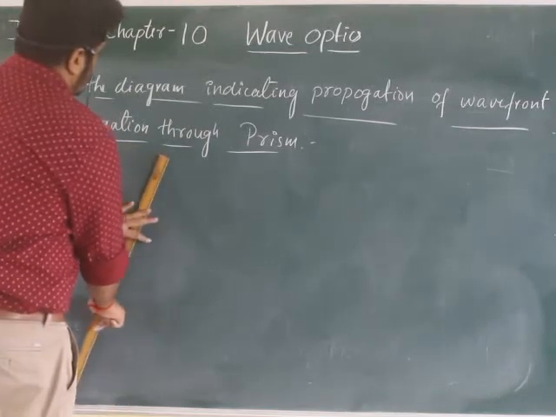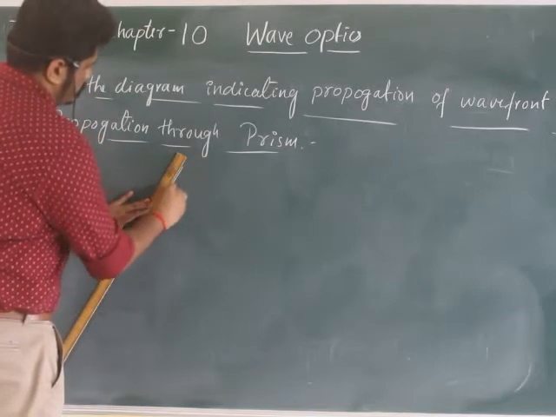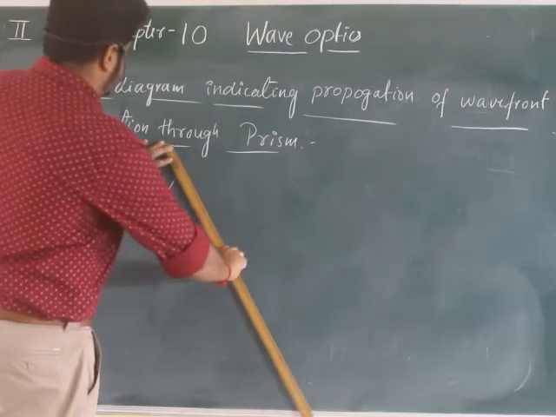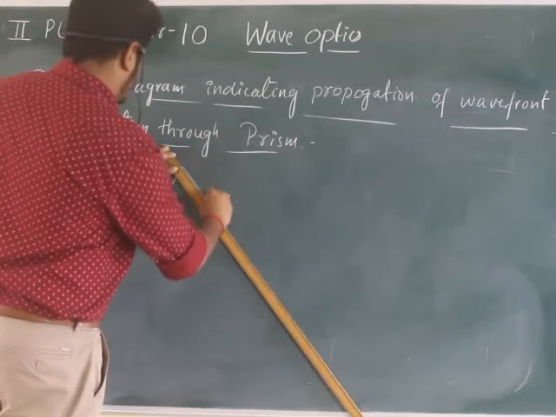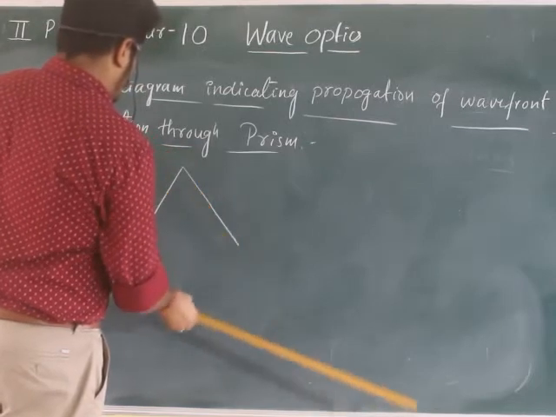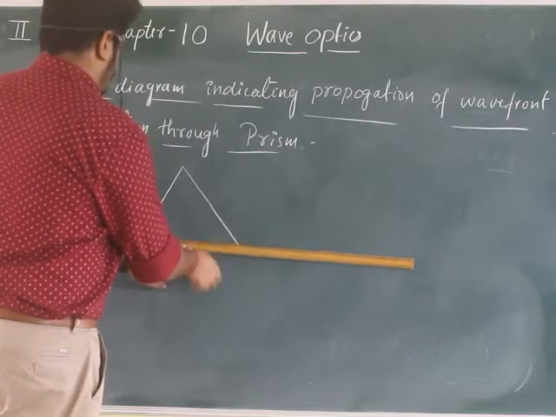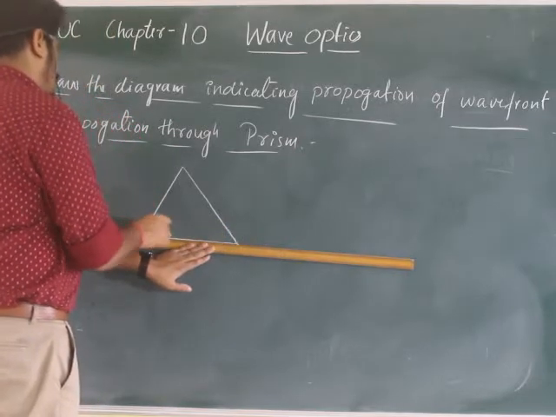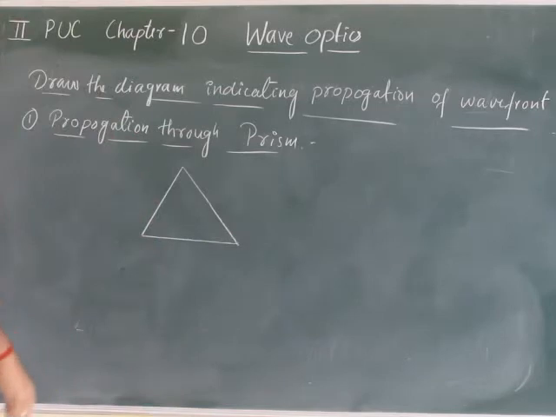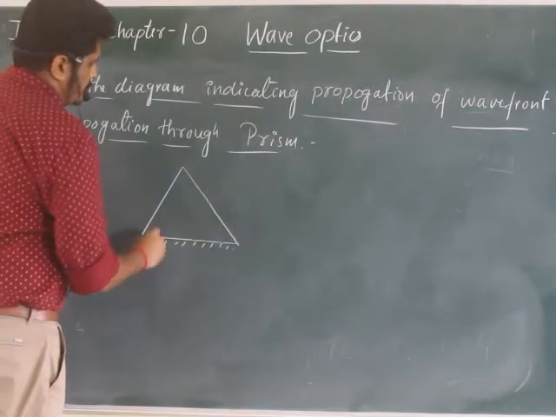So a prism I will take. So it's a prism. The base of the prism is partially opaque.